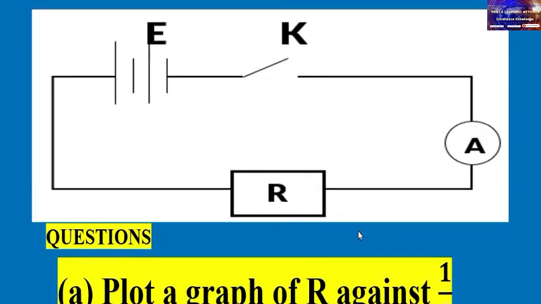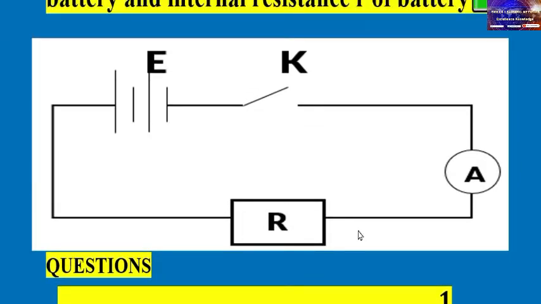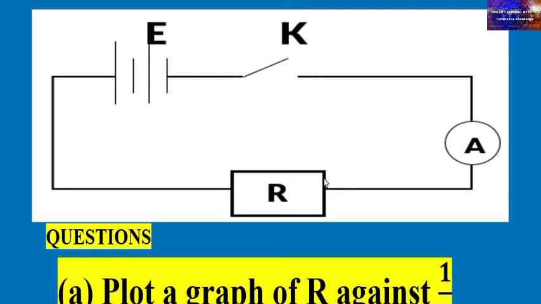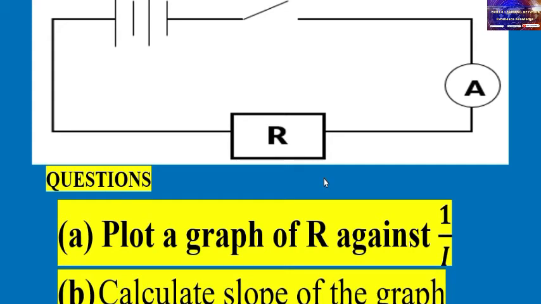After performing the experiment, the experiment always has a procedure, but by considering that circuit, you can know how to record the experiment. The procedure is the description of the circuit. The questions for that experiment: one, plot a graph of R against 1 over I, that is resistance against the reciprocal of current.